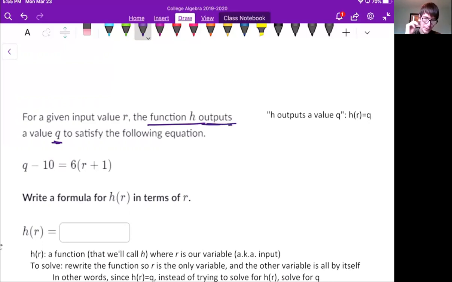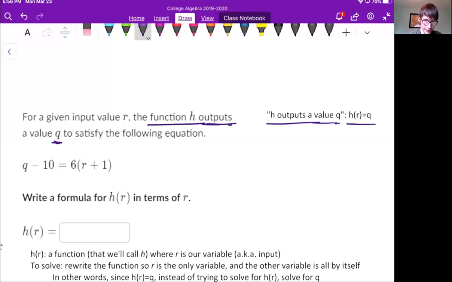So if we know what the input is, if we know r is the input, we'll find out the output. The h of r, the h of whatever it is, is going to be q. So h and q in this kind of sense are really similar, almost the same thing. We can say h of r equals q, or h outputs a value of q.